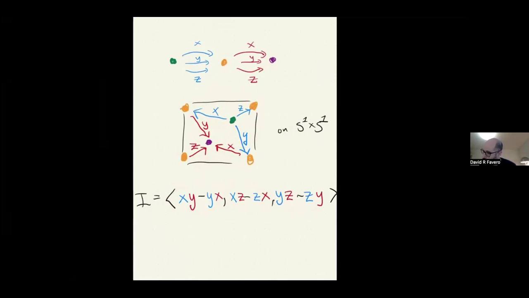Okay, so another way to describe this algebra, the endomorphism algebra of that original projective module, is I embed this quiver into this torus, and I take the paths up to path homotopy.